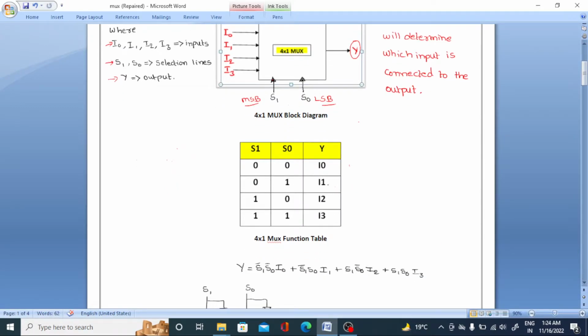Based on this, we will write one important equation, the multiplexer equation, for the 4 by 1 multiplexer. From the function table or truth table, you can easily write this. We already know that 0 in minterms is represented as, for example here, S1 bar, and 1 is represented as S1 only.